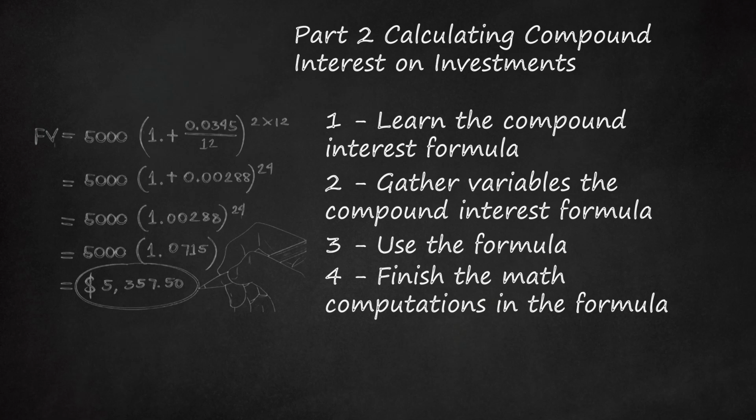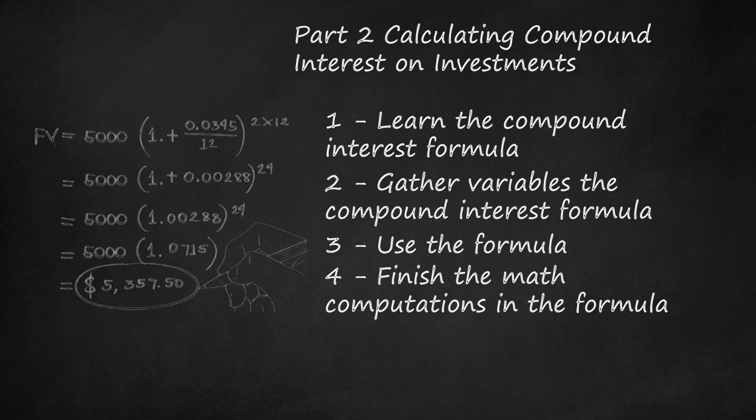This can be done on a calculator by entering the value in parentheses, 1.00288 in the example, first, pressing the x^y button, then entering the exponent, 24 in this case, and pressing enter. The result in the example is FV = $5,000 × 1.0715.